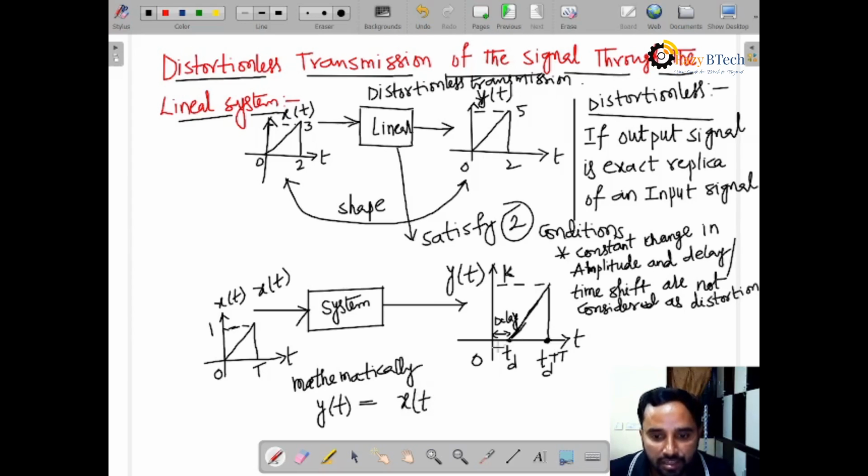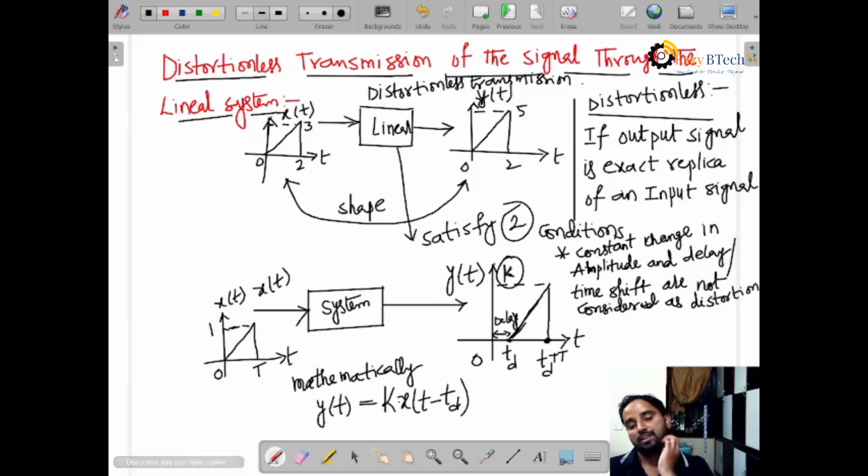The output starts from TD, so it is shifted to the right by TD, that is why x of t minus TD, and the amplitude is k, so k into x of t minus TD. So this is the output signal y of t, right or not? We are going to see the conditions for distortionless transmission. That is why I have considered the figure of distortionless transmission. Mathematically, the relation is y of t equal to k into x of t minus TD.